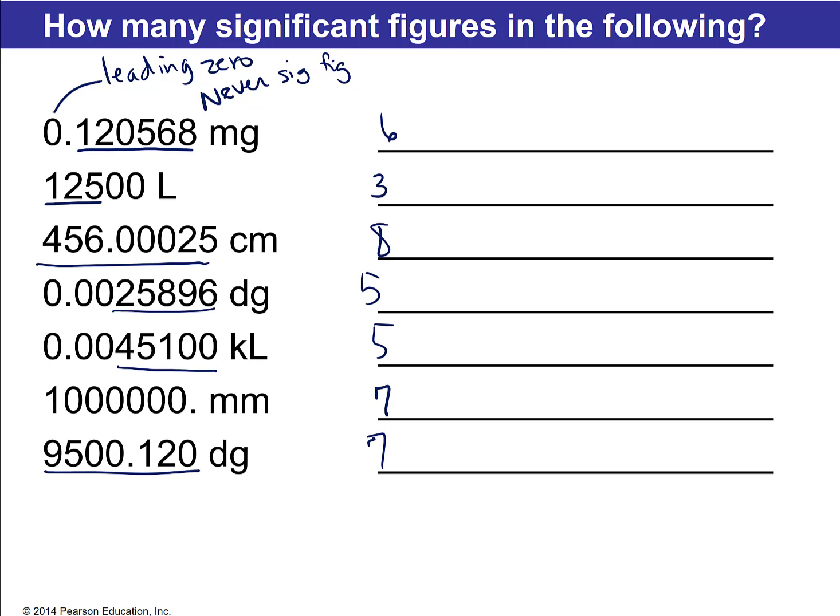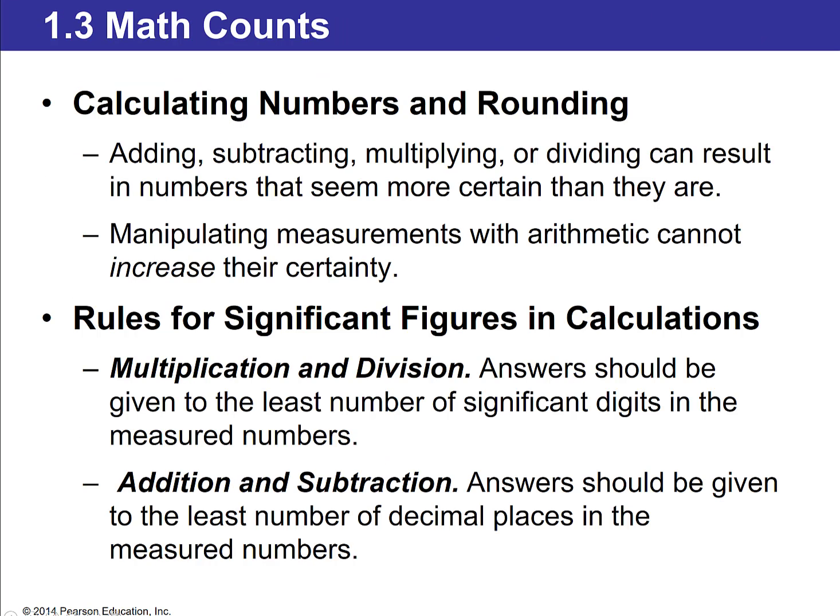We'll also talk about significant figures in calculations, because when you put numbers into your calculator, if you take 2 numbers and multiply them, oftentimes the entire screen is one long number, 10 digits or so, but you can't keep all those digits.